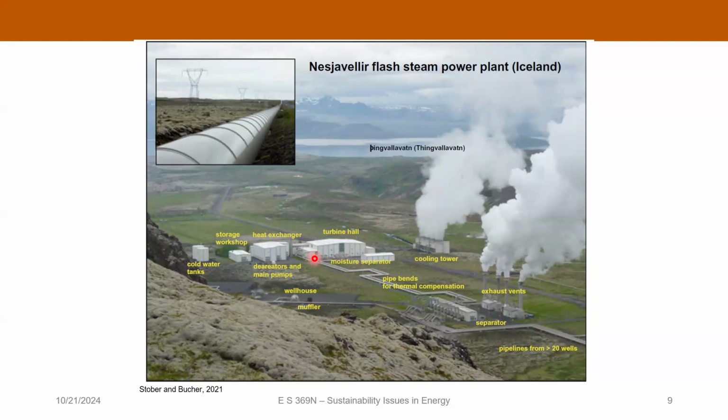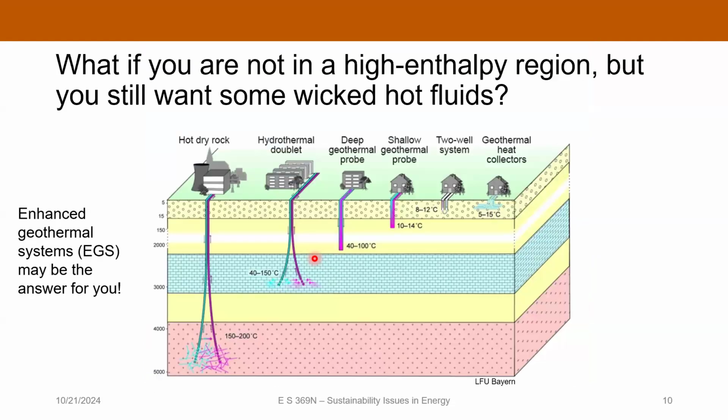I think Iceland gets upwards of 99% of its electricity from geothermal. So they really take advantage of the resource that they have. Okay, so in Iceland, you can drill not very deep, I think less than 1 kilometer. You can get these really hot rocks. But we're not that lucky in most parts of the world.